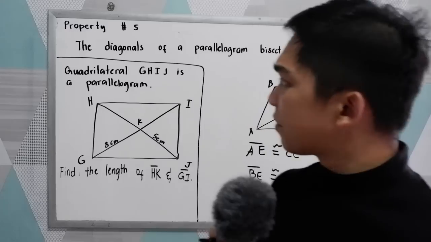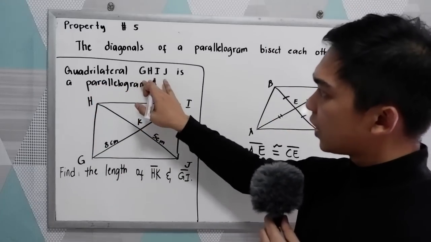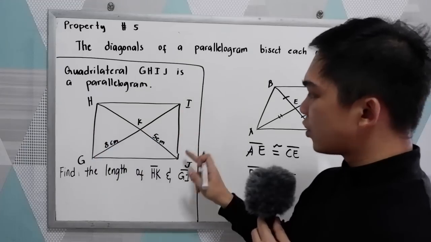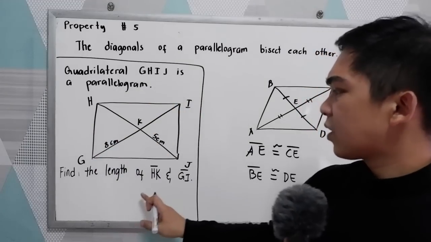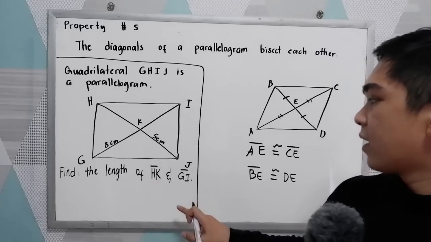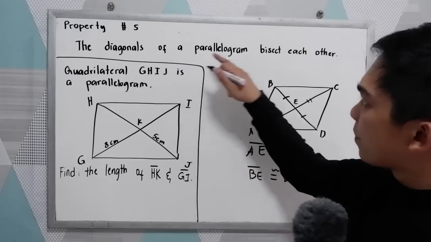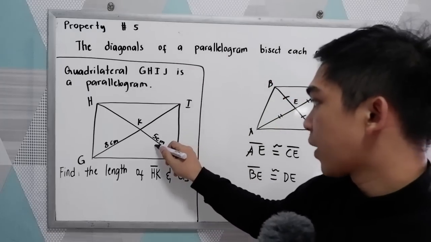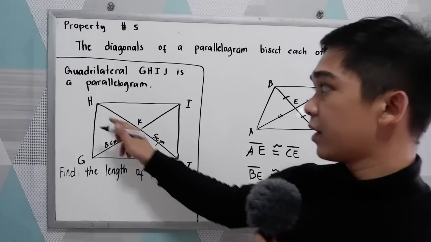To understand, let's have our example number 1. We have quadrilateral GHIJ. GHIJ is a parallelogram. Find the length of HK and GI. Diagonals of a parallelogram bisect each other. So we have here KJ, which is 5 centimeters.